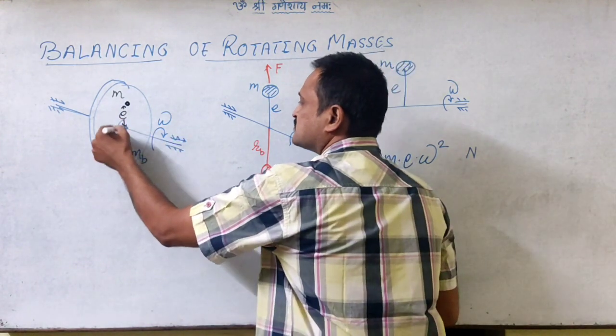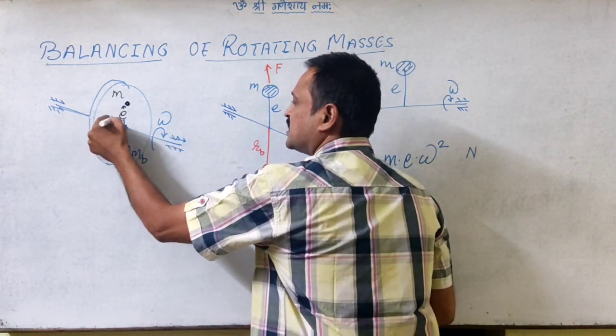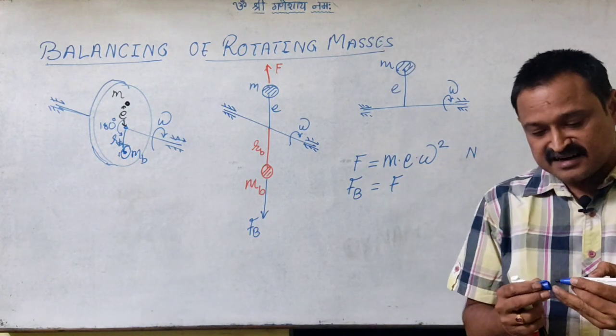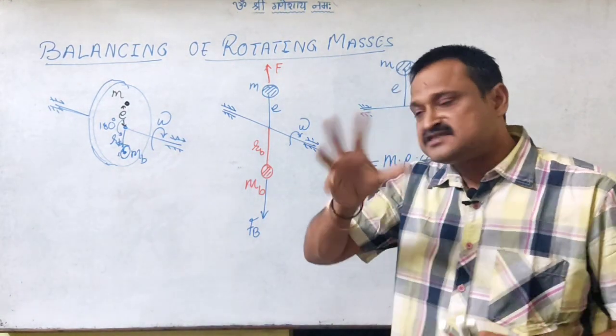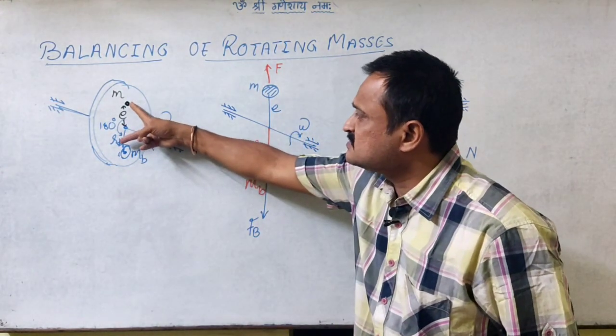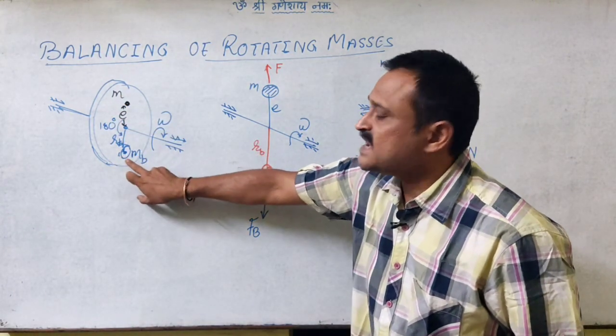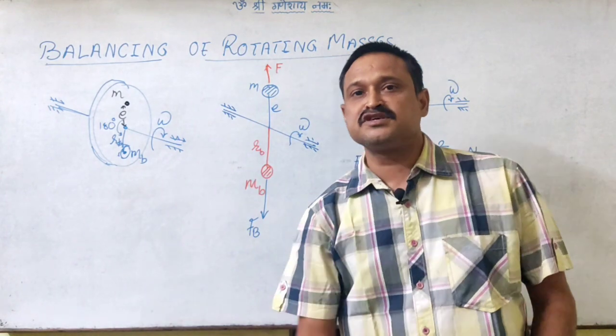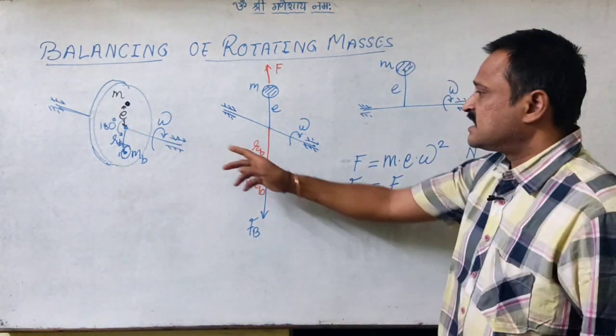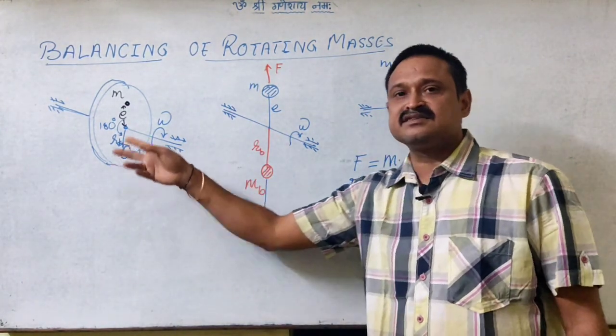So this phase opposition is of 180 degrees. I am placing it exactly opposite. So when the disc is rotating, every time this balancing mass will be exactly opposite to the disturbing force, and this is also rotating on the same shaft.